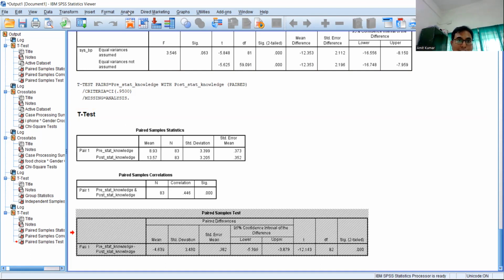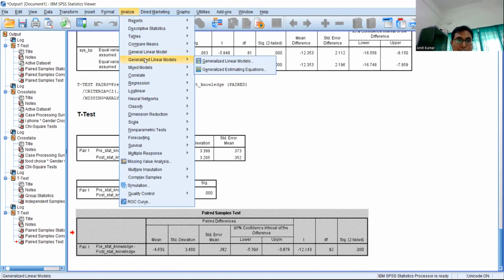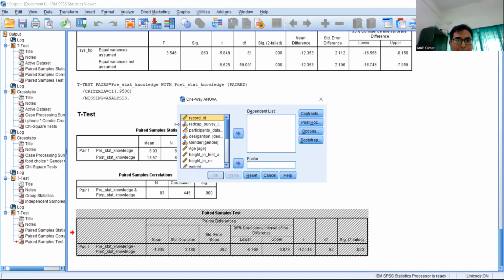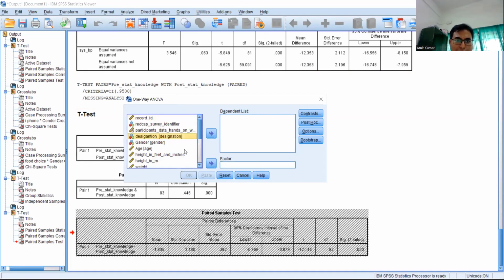We will go to Analyze, then Compare Means, then One-Way ANOVA. In One-Way ANOVA, we will select designation in the factor variable, then age in the dependent variable. We will see whether age is different among all these 5 designations or not.